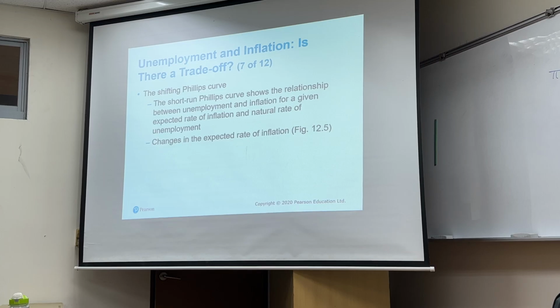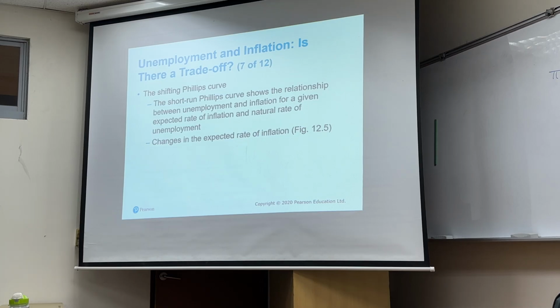Okay, shifting the Phillips curve, as I told you. If the economy is good, with any factors that can push the economy to a good situation, then the Phillips curve shifts to the left. At every given level, the inflation is lower and unemployment is also lower.